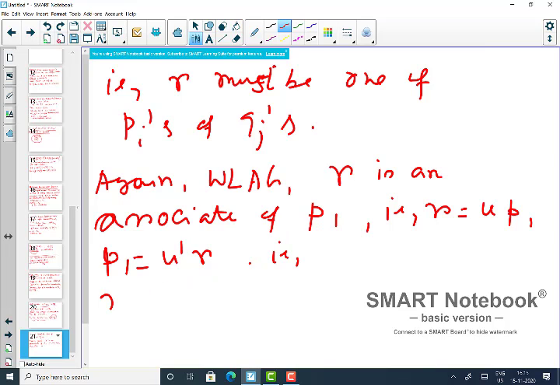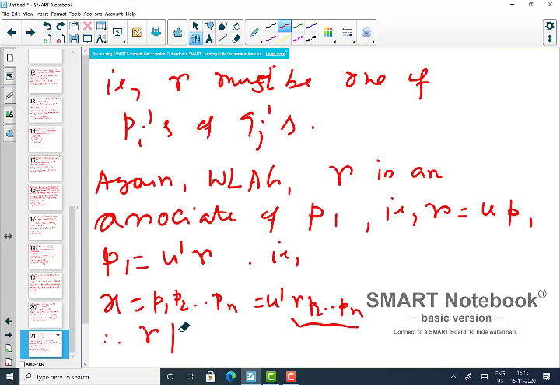You write X in terms of P1, P2 and Pn, and now inside P1 you plug in R, so it is a unit times R into P2 and then Pn, right? So X you can write in terms of R and then some units. Units don't matter because they generate the same ideal, right? So what does that mean? That means simply that R divides X, and this is what we require.